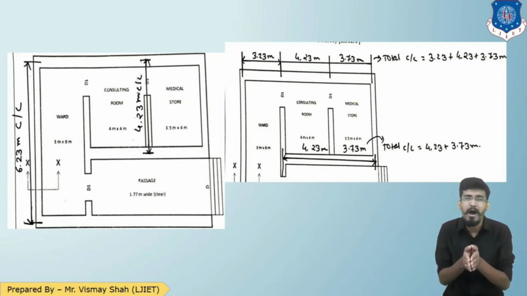Now, talking about the horizontal direction. As you can see at the topmost part of the plan, the horizontal direction is made up of 3 components: ward, medical store and the consulting room. The horizontal dimension of the ward is 3 meter, so center to center 3.23.